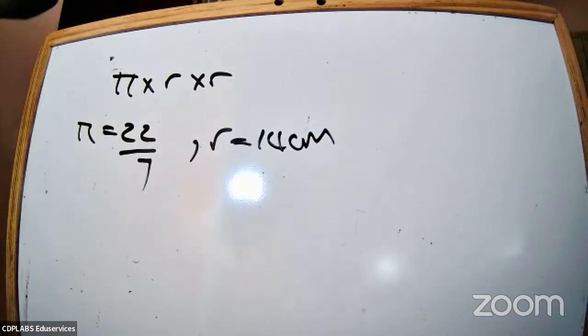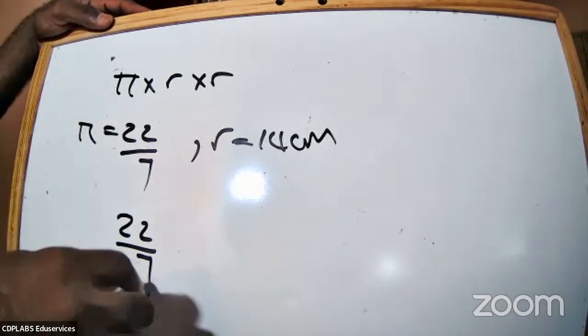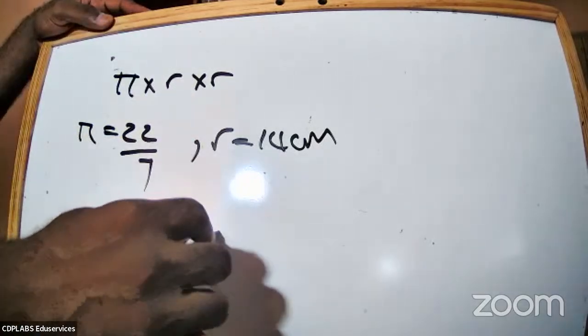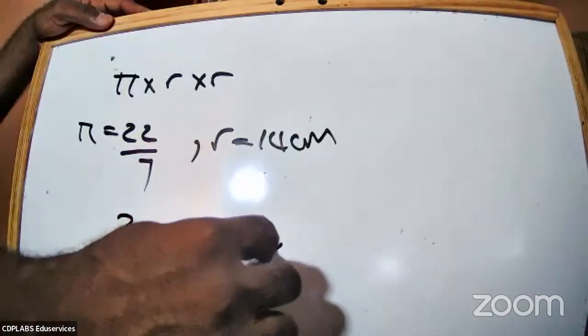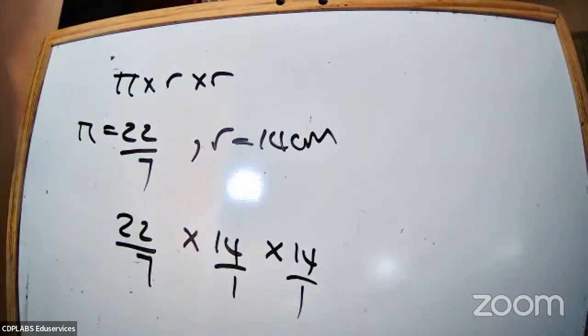So we plug in 22/7 where pi is, and where r is put 14, and there are two places to put 14. You can write it over 1. Again, multiplication of fractions.